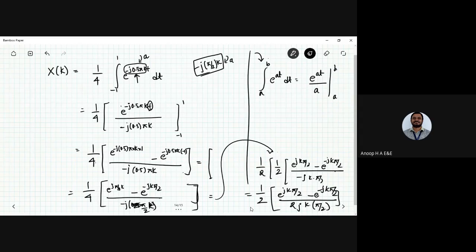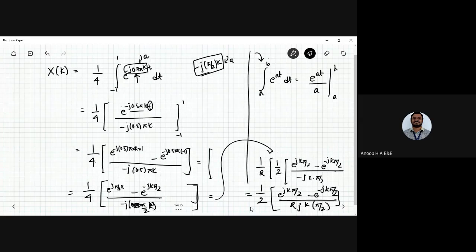If you are not seeing it, let me erase this and write it again. So this k here represents the small letter a, which is to be written in e power at dt. So this needs to be evaluated, and I have written it like this.